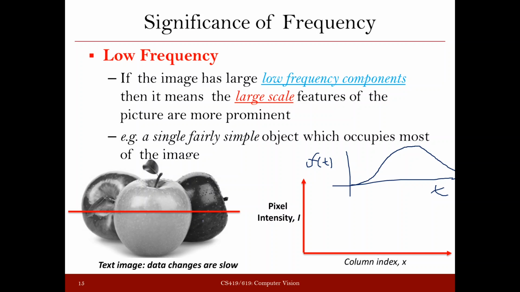So if I say that your image has low frequencies in the frequency domain, it indirectly says that the content of your image is slow varying. If I say that the image is represented using high frequencies, then we can say that the content of the image is fast varying.